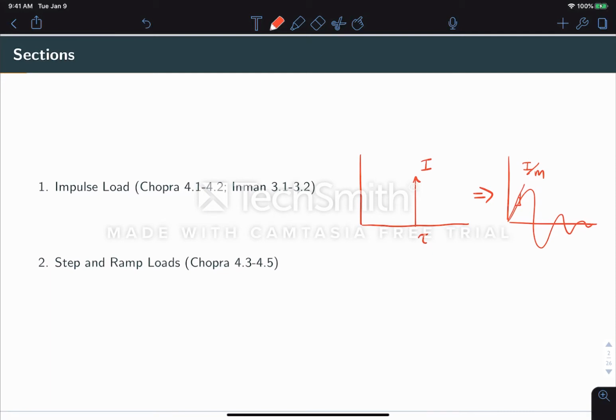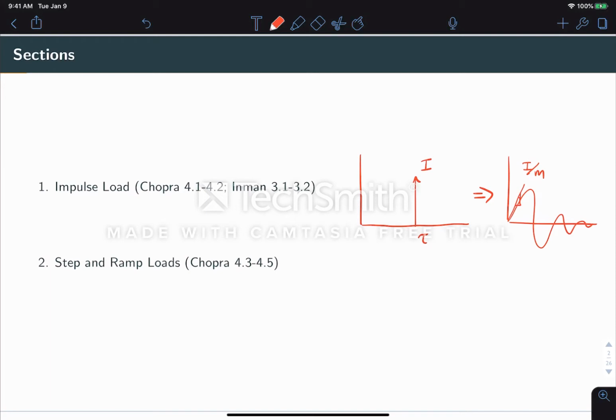Now, unit impulses are great because they can be used via superposition to describe almost any, or actually any kind of loading function possible. So in this video, we're going to be building off of impulse loading to derive the analytical responses to both step and ramp loads.